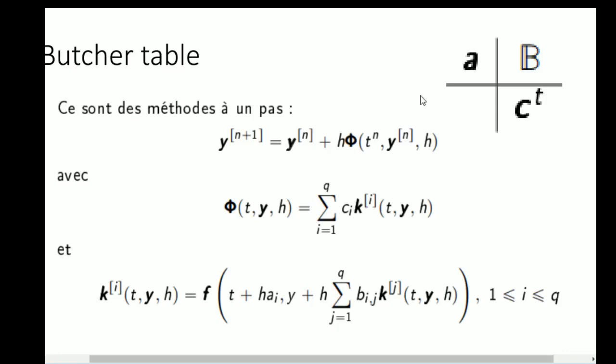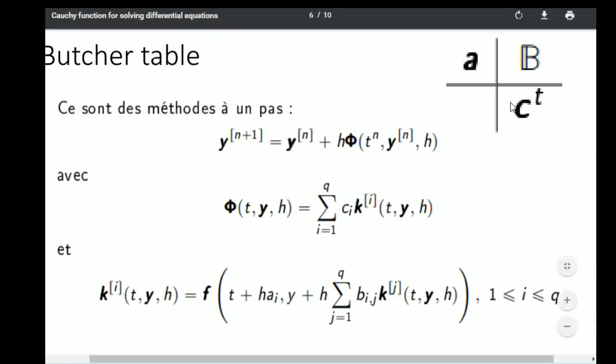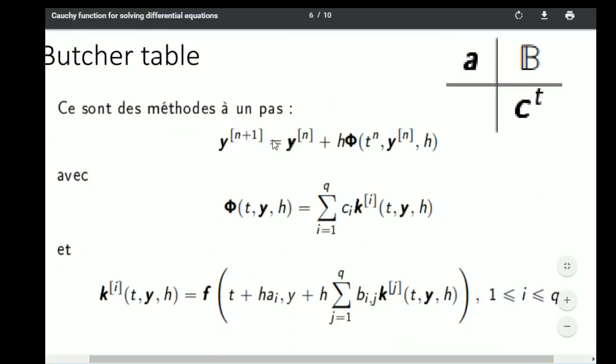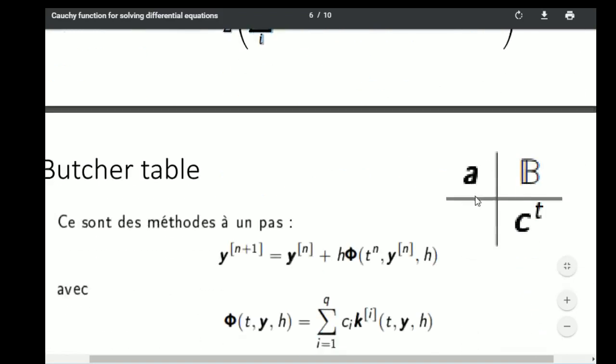So we build a system that will have a function phi and a bunch of vectors and matrices. So the vector A, the matrix B, and the vector C. So we will build the same thing as yn plus 1 equal to yn plus h times phi. So phi, you can notice that it strangely represents this part here.